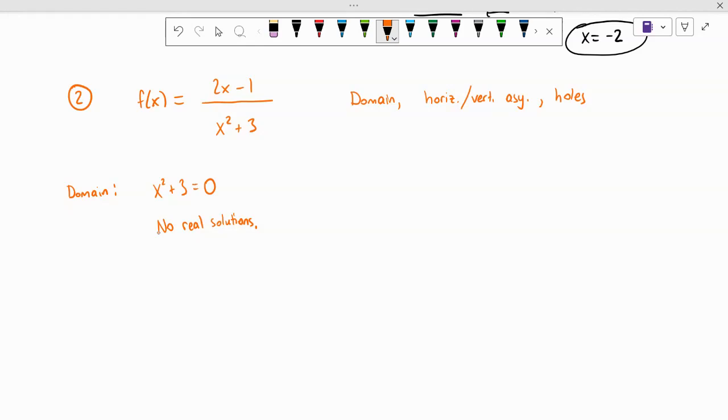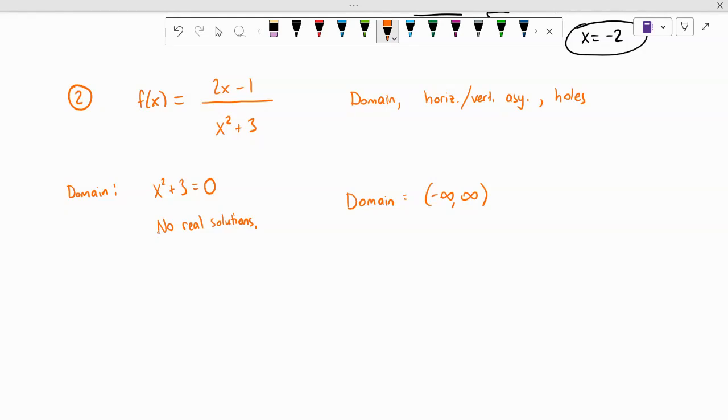So this means that the denominator is never going to be equal to 0. And because the denominator is never 0, that means the domain will be all real numbers. So it's going to be just minus infinity to infinity.